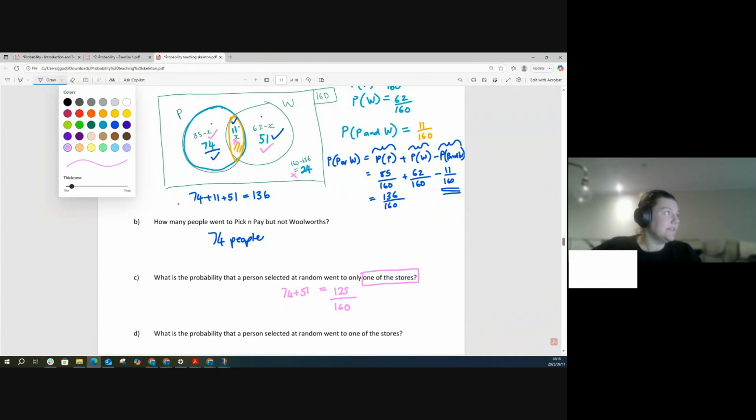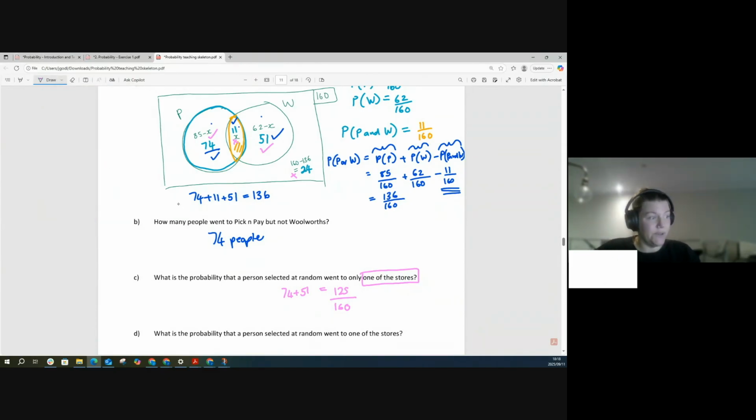What is the probability that a person selected at random went to one of the stores? This is a classic tricky English question because these two questions are different.